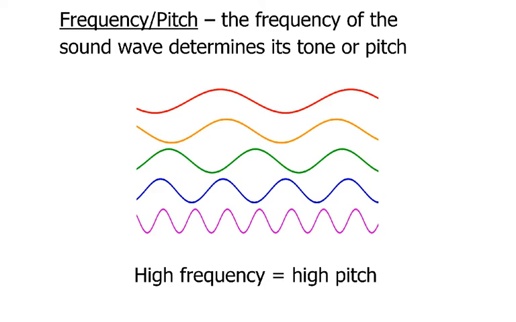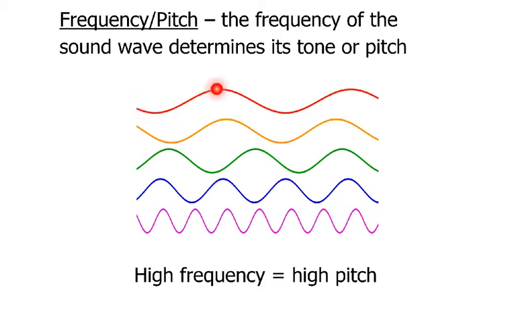But if I was graphing sound pressure, this might be a compression here, and this would be a rarefaction, and this would be a compression, right? Low pressure is a rarefaction, high pressure is a compression.